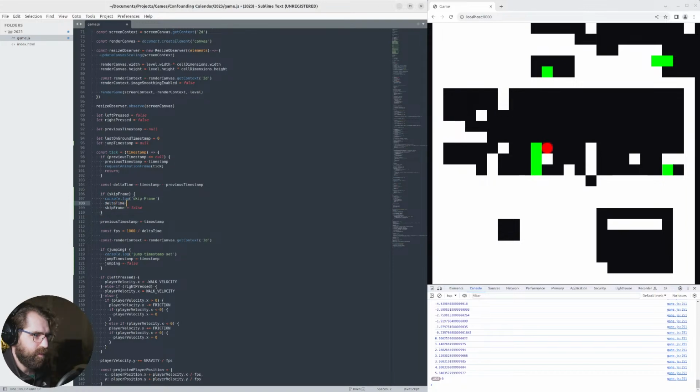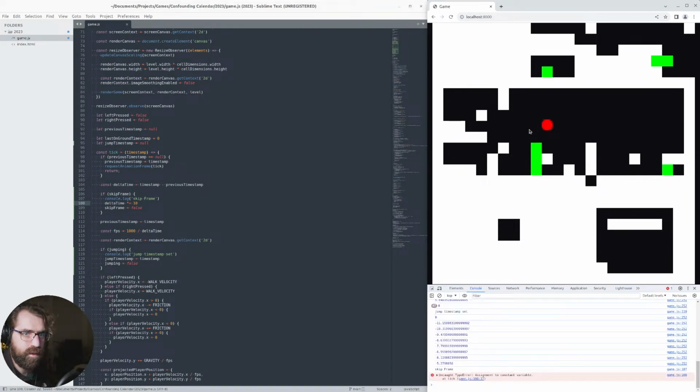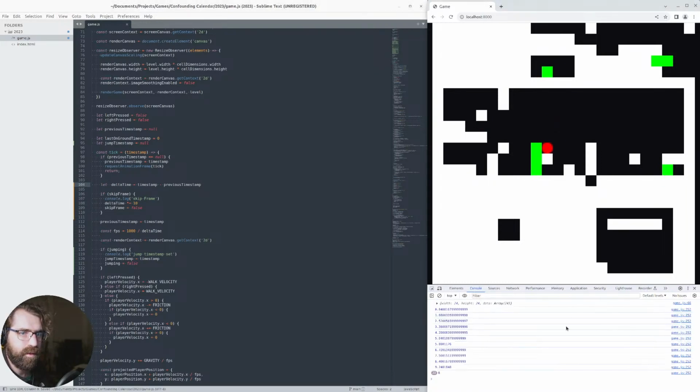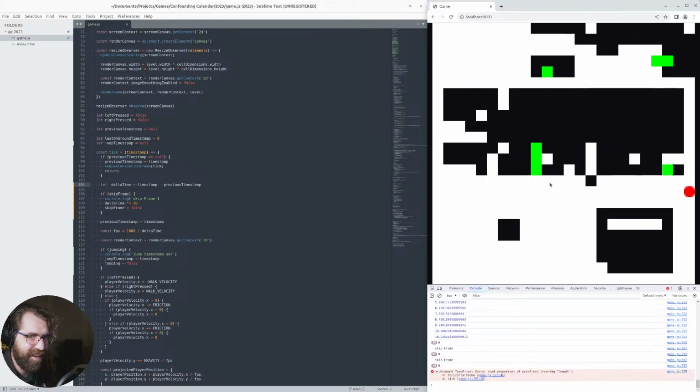Delta times equals 2. Times equals 10. Let's make sure it's noticeable. Okay, well it's very noticeable. Suddenly it skips out a bunch. So if I'm on the floor and I press it, yeah, I fall in.